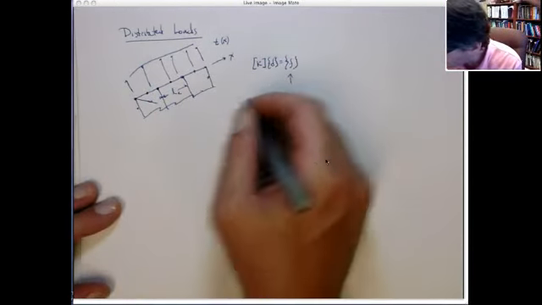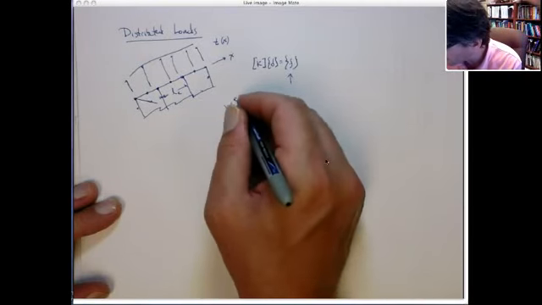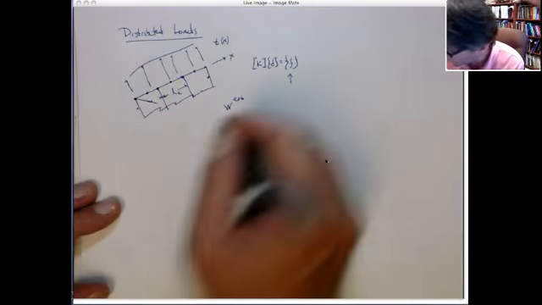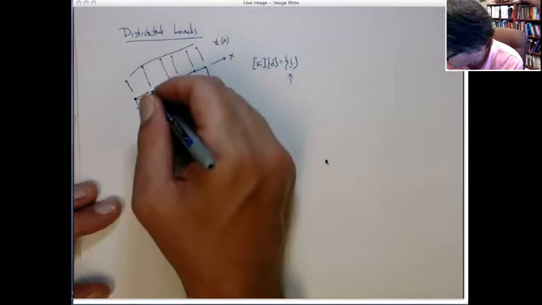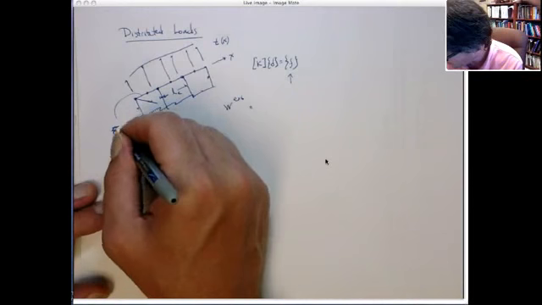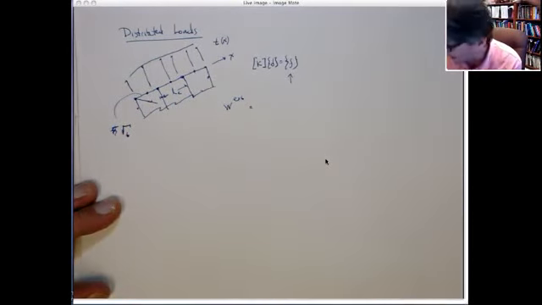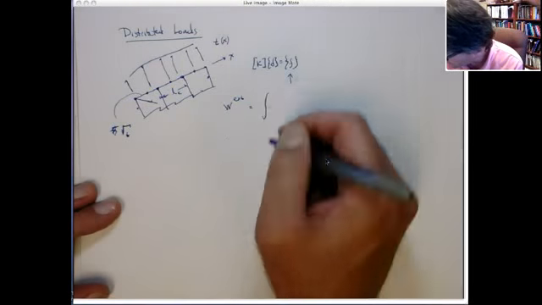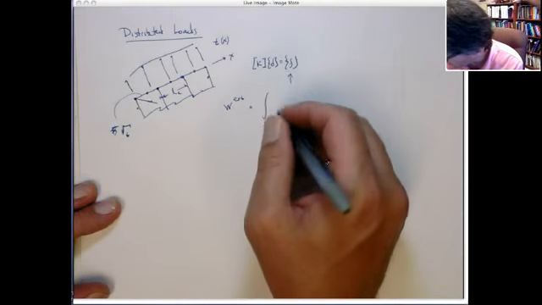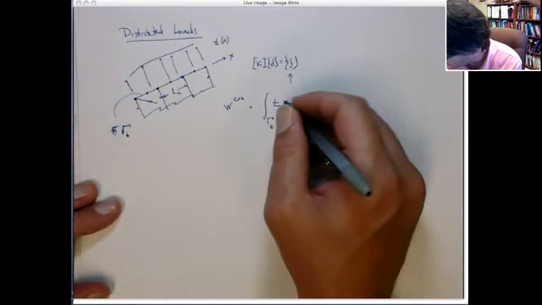Well, last time we derived these equations from a minimization of energy. So let's first write the external work done by these forces. Let's call this boundary gamma T. That's the boundary where the traction is applied. So the work done by those forces is the integral over that boundary of the traction times the displacement.